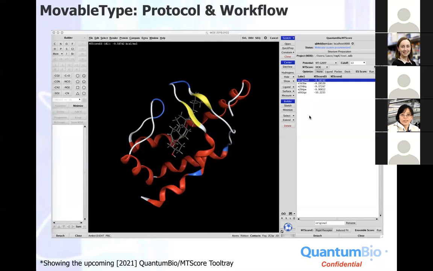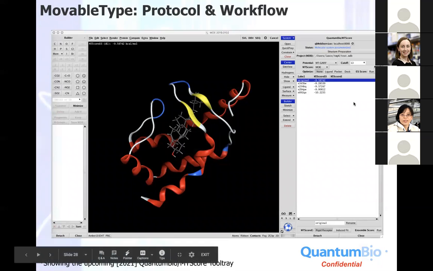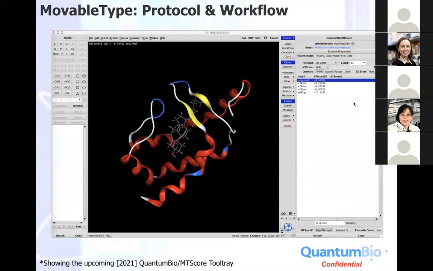Along the right side here, that's where we've added in this tool tray as an additional feature. When you start up MOE, you would load this up and be able to see this, where you can actually make these changes in real time in the builder, and then finally hit run or hit score in order to get that score returned back to your interface. And you could then make another change, and so on and so forth.